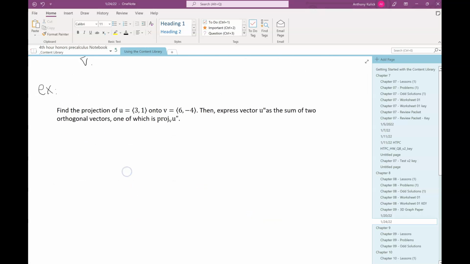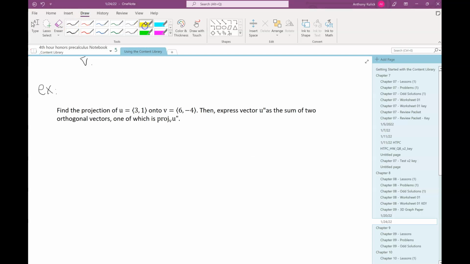It says, find the projection of vector u onto vector v, then express vector u as the sum of two orthogonal vectors, one of which is the projection of u onto v. There's really two parts of this. We'll start with the first part, just finding the projection of vector u onto v.